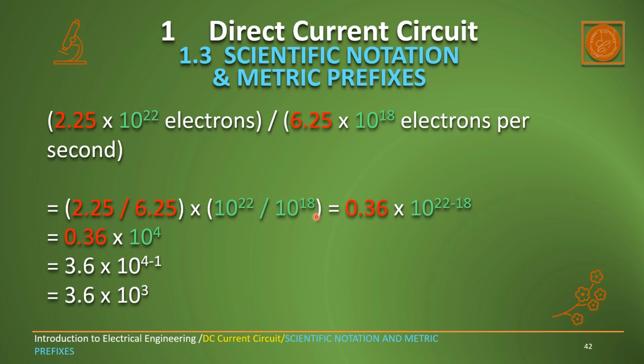So we can get the number. These two numbers divided equal 0.36, and times 10 power 22 minus 18. So we get 0.36 times 10 power 4.